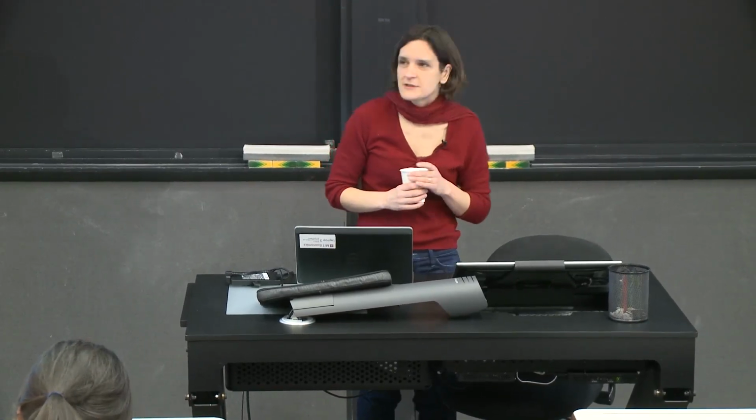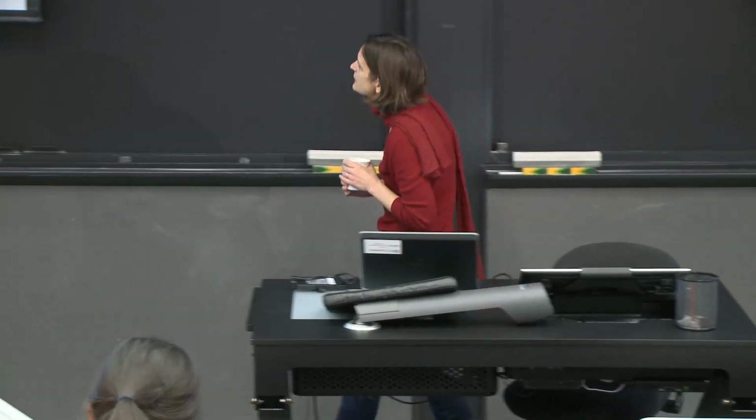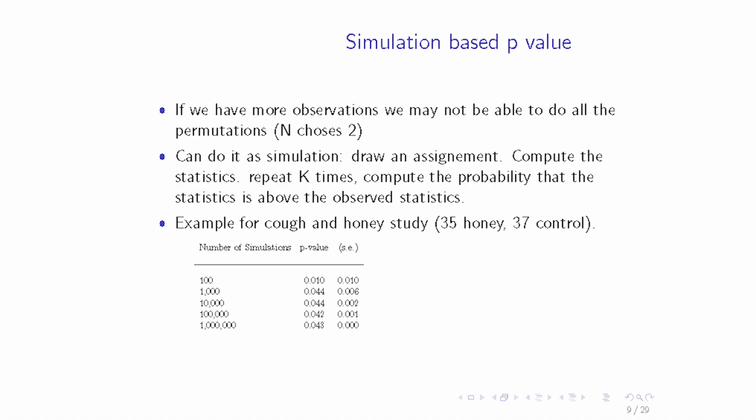If we had really a lot of observations, there starts to be a lot of potential assignments to play with. So you might not be able to do all the permutations. It becomes large. So you don't have to do all of them. You can do a bunch of them.